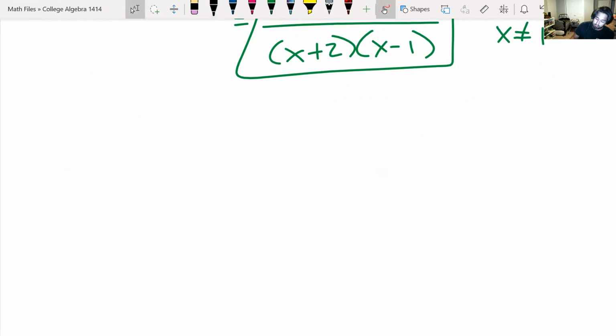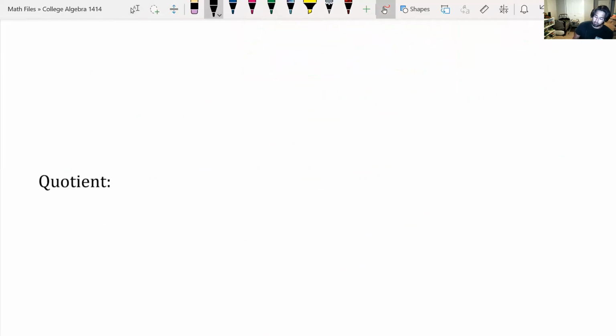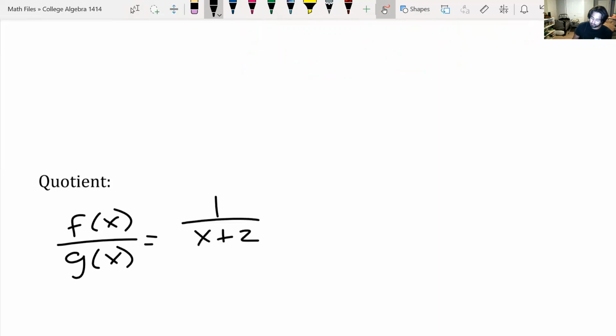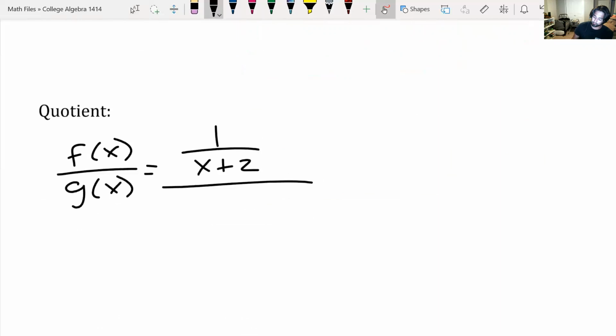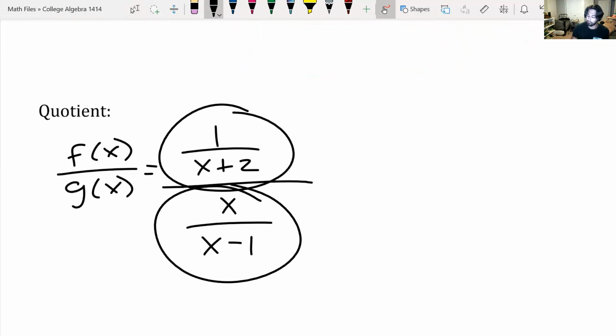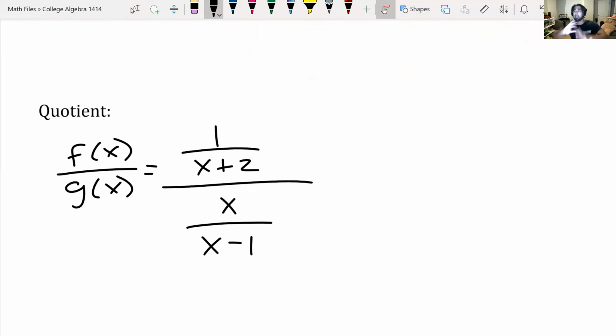All right. Next one's fast as well. You'll get f of x over g of x for the quotient, and we'll have 1 over x plus 2 over, am I writing these right? Over x minus 1. And now you have a fraction over a fraction. You have fraction cake, and the only way to get rid of fraction cake is to multiply by the reciprocal.